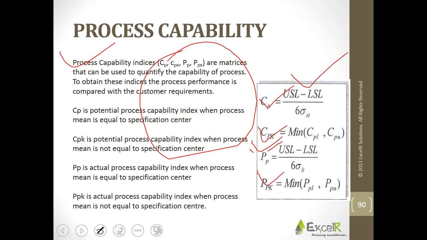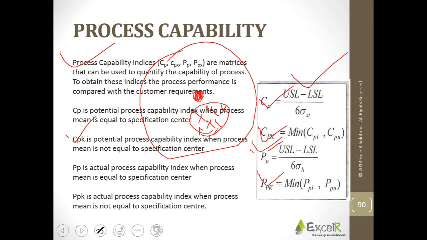If suppose this is the dartboard and this is the bullseye, if continuously I'm hitting my points here, if all my data lie here, then I can say that CP is high. Why? Because the variation is less.